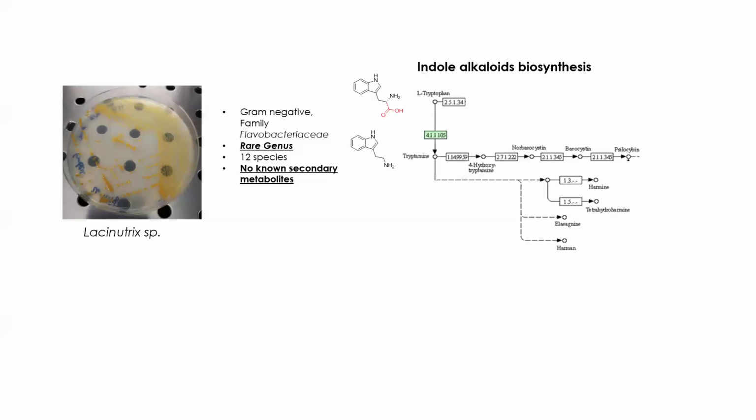Now I will show you a small example of a study I conducted in the past years. We had this deep sea bacteria, and it was really nice because there were no secondary metabolites annotated from this genus, so we were really interested in it. We sequenced the genome, and we couldn't find any interesting biosynthetic gene cluster.